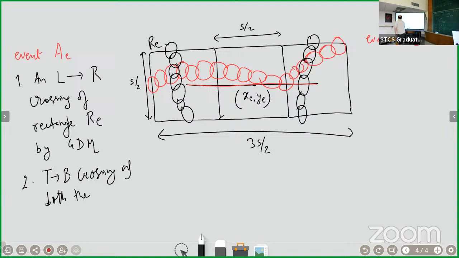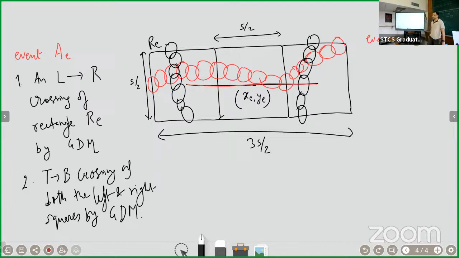For the left and squares. Can you think of why I'm doing this? If you look at one edge in isolation, it doesn't tell you anything.